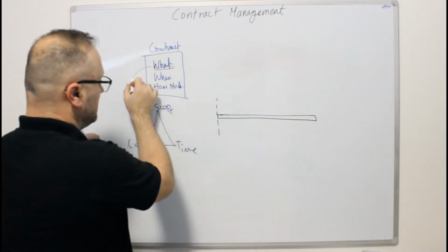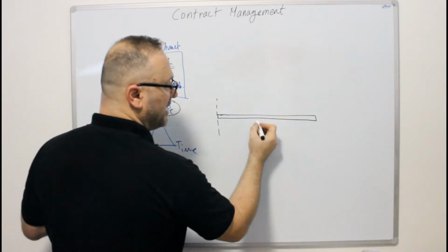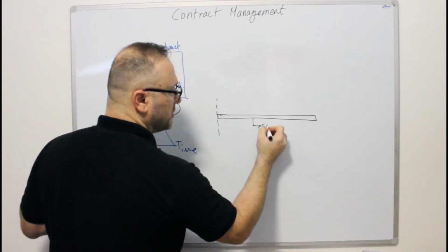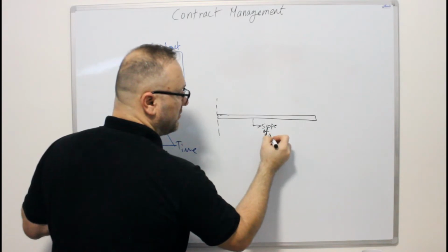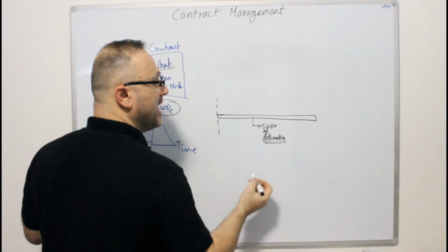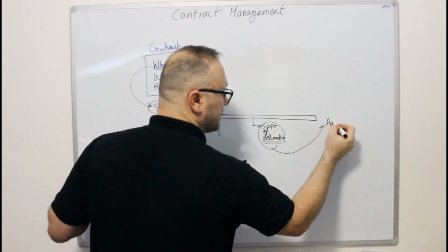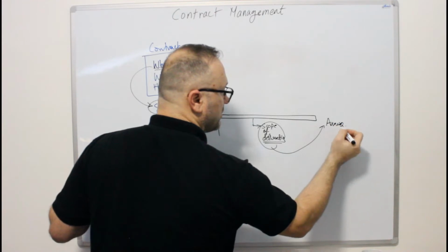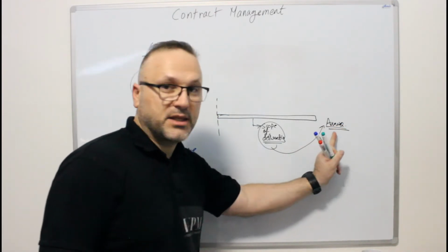This is the scope. And the scope is mainly defined in one article: scope of deliverables or delivery. And this could be related to an annex of the contract, so you need to check this annex.